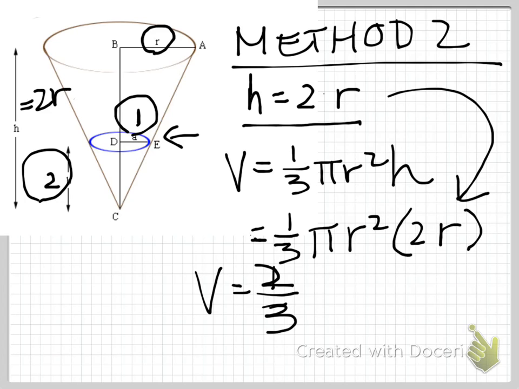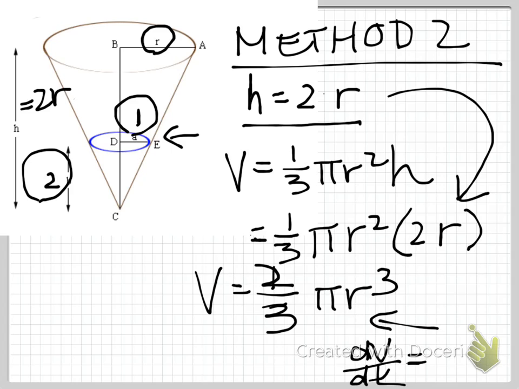I'm sorry, that should be a 2 pi r cubed, right? And so what I can do is I can actually now take the derivative of this to find dv over dt. And when you do that, you're actually going to get exactly the same answer, negative 0.628, right? Now remember, this only works because we're talking about a conical tank, and the tank is not changing shape. This is not always true for all cone questions.